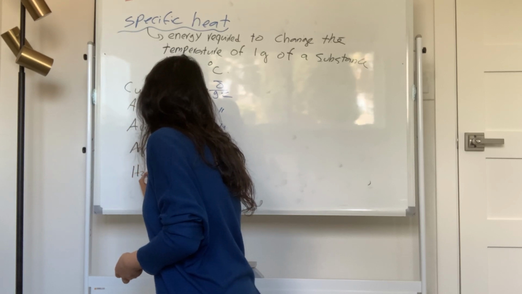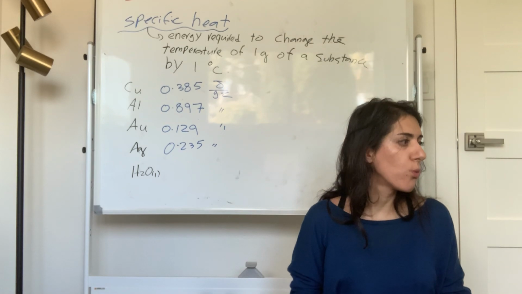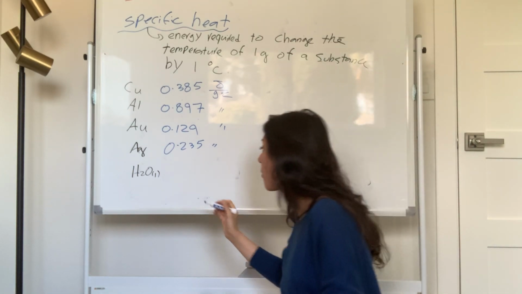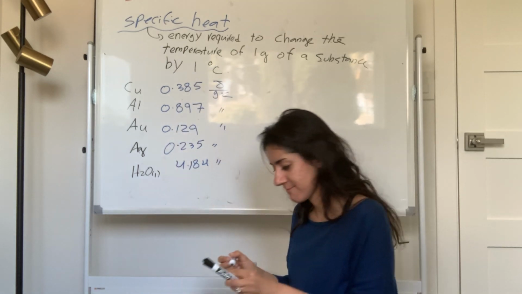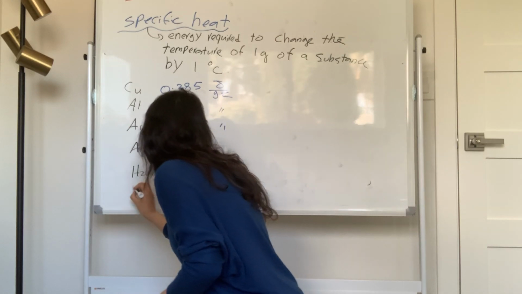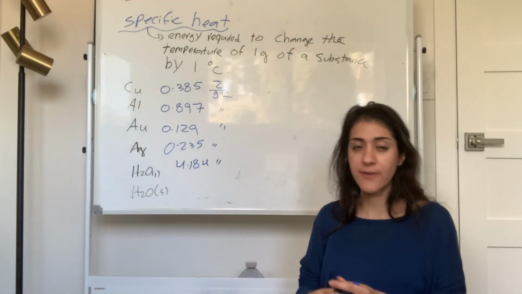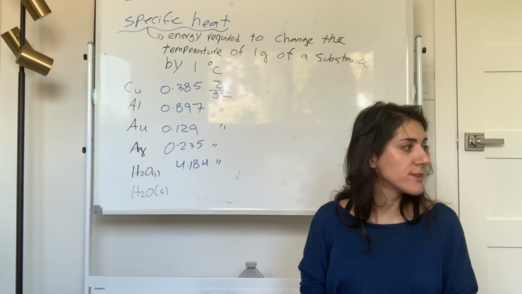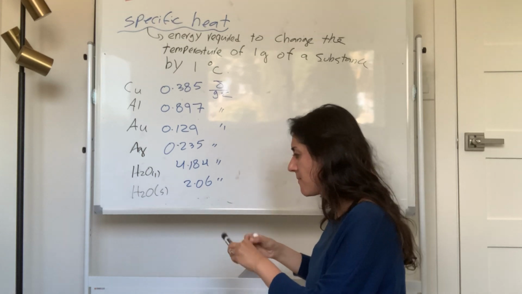Water, liquid, so water also has specific heat. Liquid is 4.184. You've seen that number before, haven't you? Water, solid, different phases will have different specific heat, is 2.06. Okay.